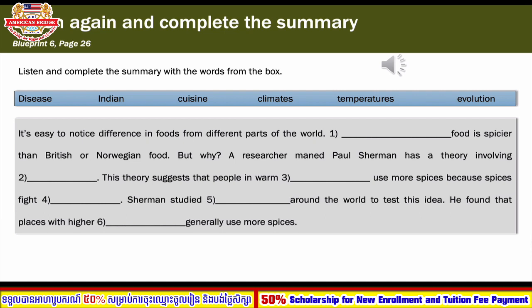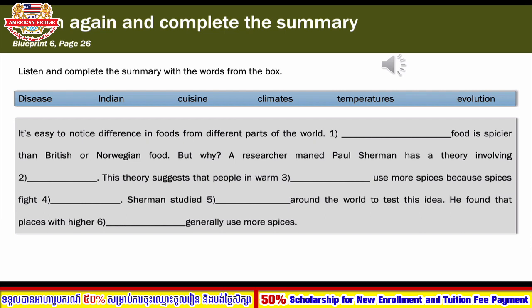This is because spices like onions, garlic, and black pepper are natural medicines. All spices come from plants. Through evolution, plants developed these substances as natural protection against disease. These substances slow down the growth of bacteria and other germs, the same germs that are found in meat and make people sick.